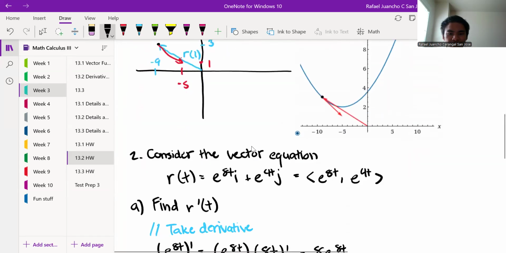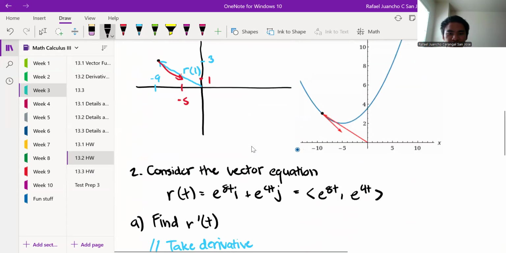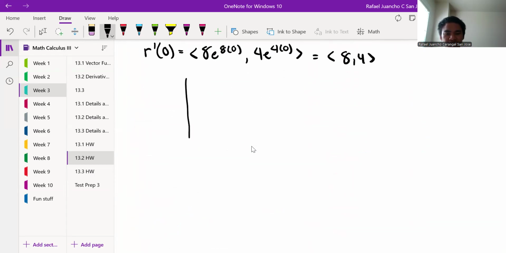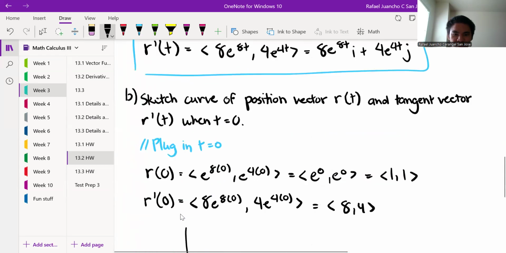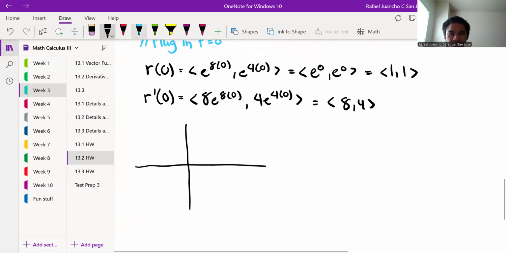And then here we can graph this now, right? So if you want to graph this, again, I'm going to draw a Cartesian plane, the xy plane to be specific. And then I'm going to look at my options. First I'm going to draw my position vector. So my position vector goes to 1, 1.